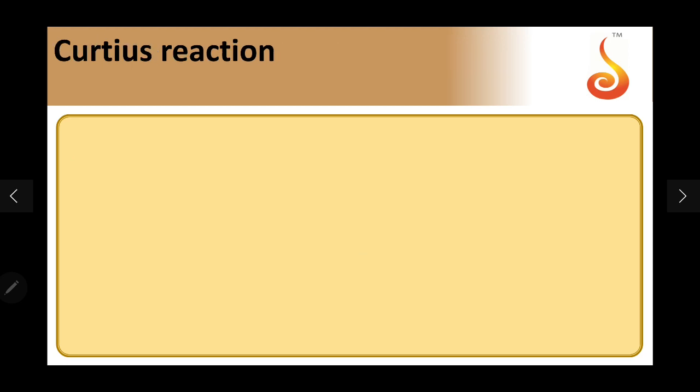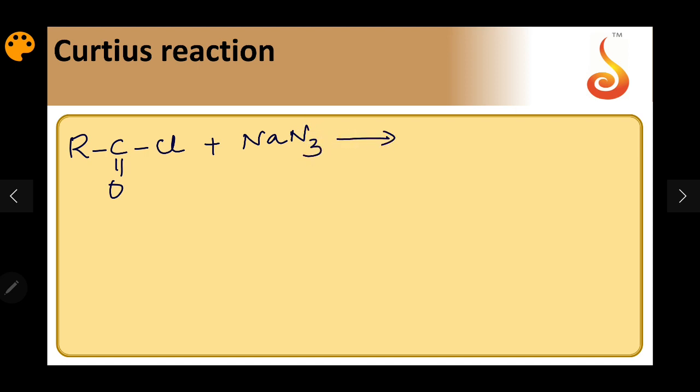The same mechanism is also there in the Curtius reaction. So the Curtius reaction is RCOCl plus NaN3, N3 minus. So finally hydrolysis, this also gives isocyanate, RNCO, then finally RNH2.